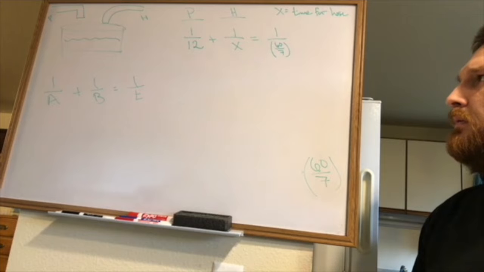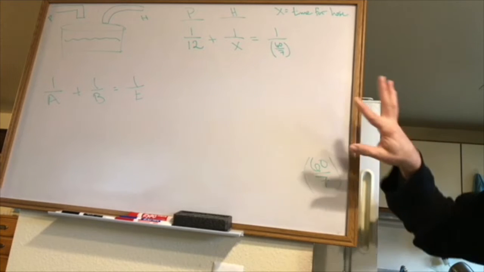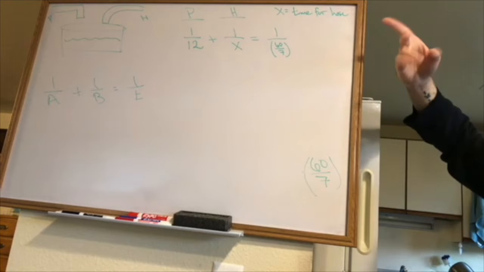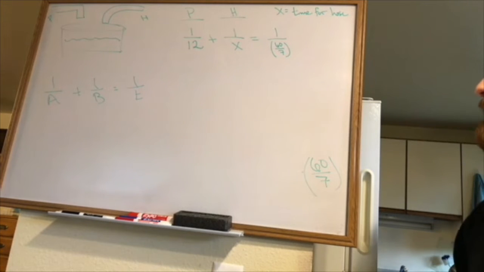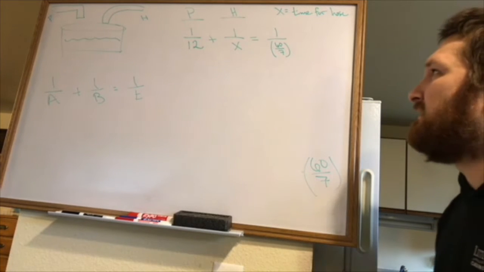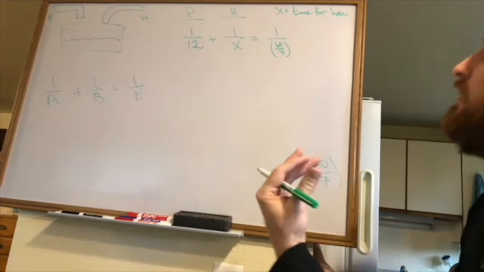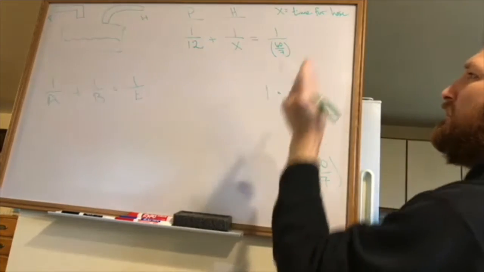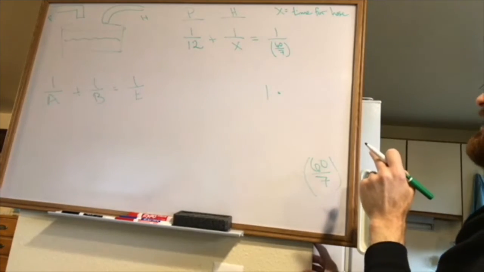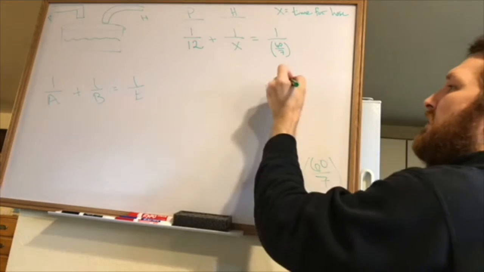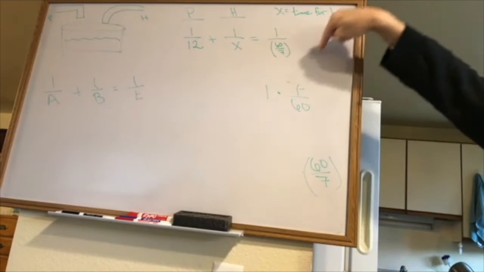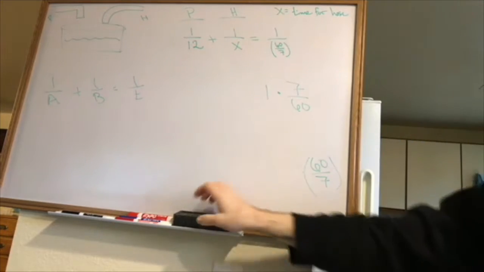First thing I want to do right now is, when I divide by a fraction, what's an easier way of dividing by a fraction? How can I rewrite that? Multiplying by a reciprocal. Okay, so this whole thing turns into 1 times 7/60. So I'm just going to rewrite that whole thing as 7/60.